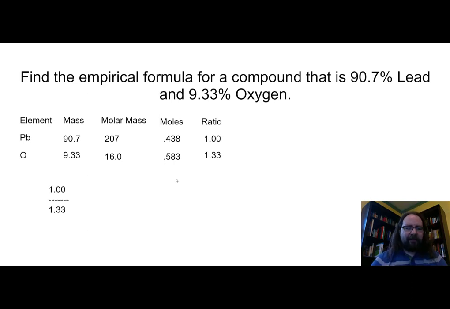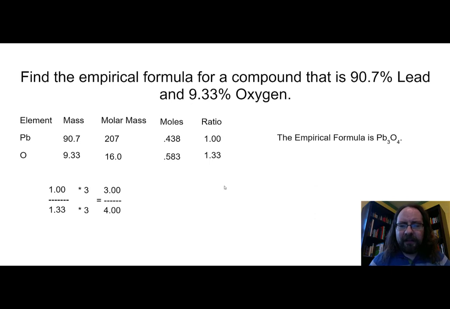So I have my ratio of 1 to 1.33, and you should be able to predict what number I can multiply both of them by to make them whole numbers, and I really need to multiply top and bottom here by 3. That's going to give me a final ratio of 3 to 4, which means this compound has an empirical formula of Pb3O4.